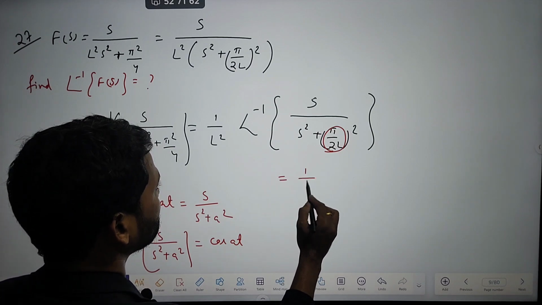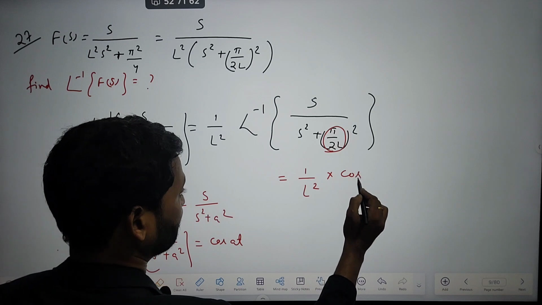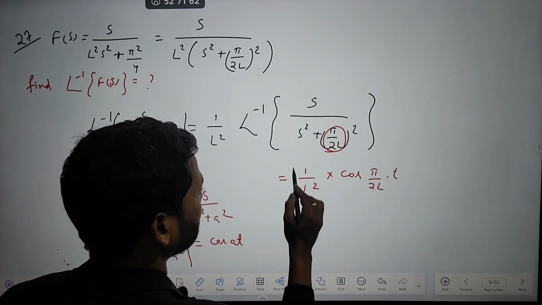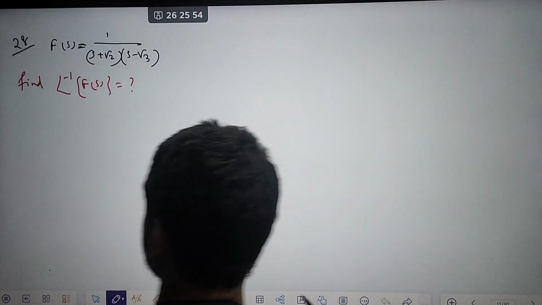So your final answer is 1/l square into cos of (pi by 2l) t. That is your answer.